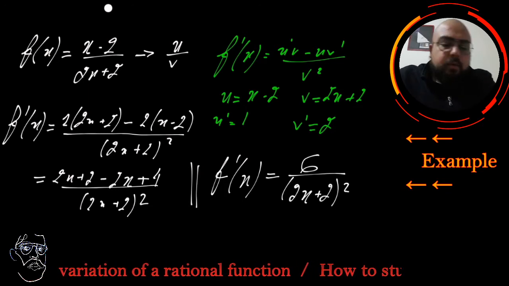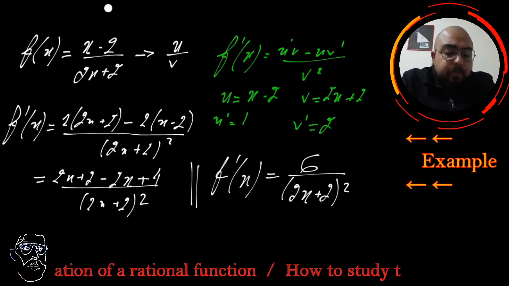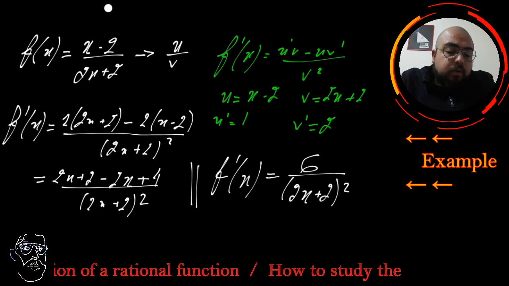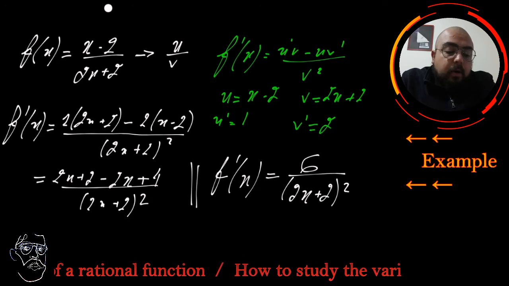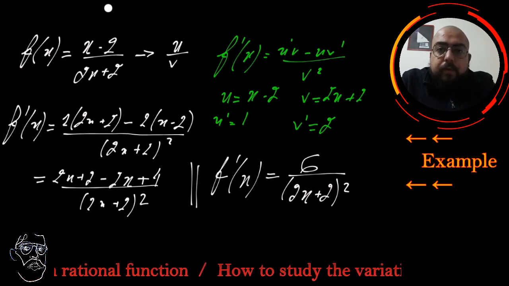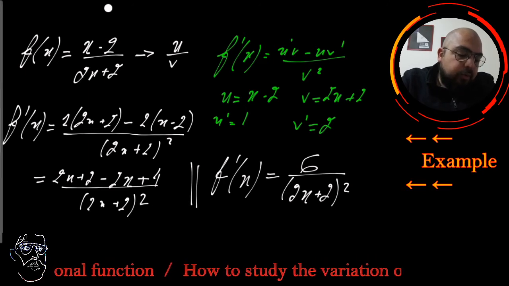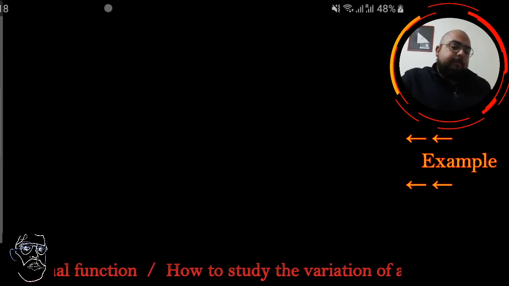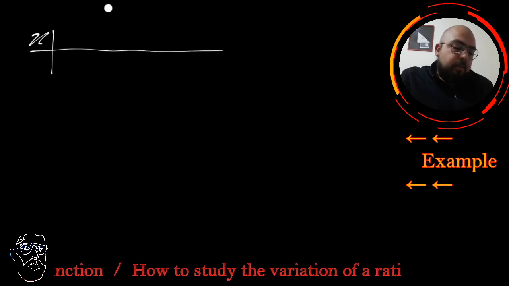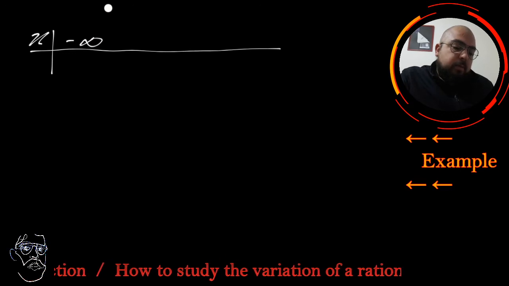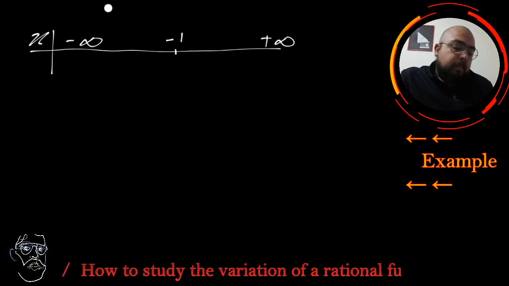Now your denominator is actually a positive value since it's to the power of 2. Your numerator is also 6, which is a positive value, so f prime of x is actually positive for any value of x in the domain of definition. So we're gonna go through the table of variation. So x going from minus infinity to plus infinity, passing through the value minus 1.